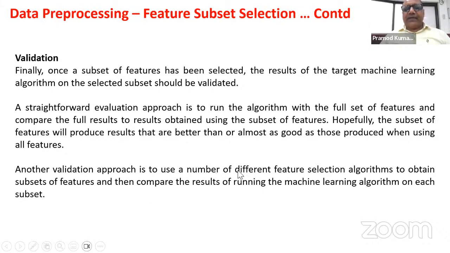So here we say that you use a variety of feature subset selection algorithms. Do not depend on one feature subset selection algorithm; rather, you take a variety of subset selection algorithms. Because we are taking a variety, they will give you different feature subsets.